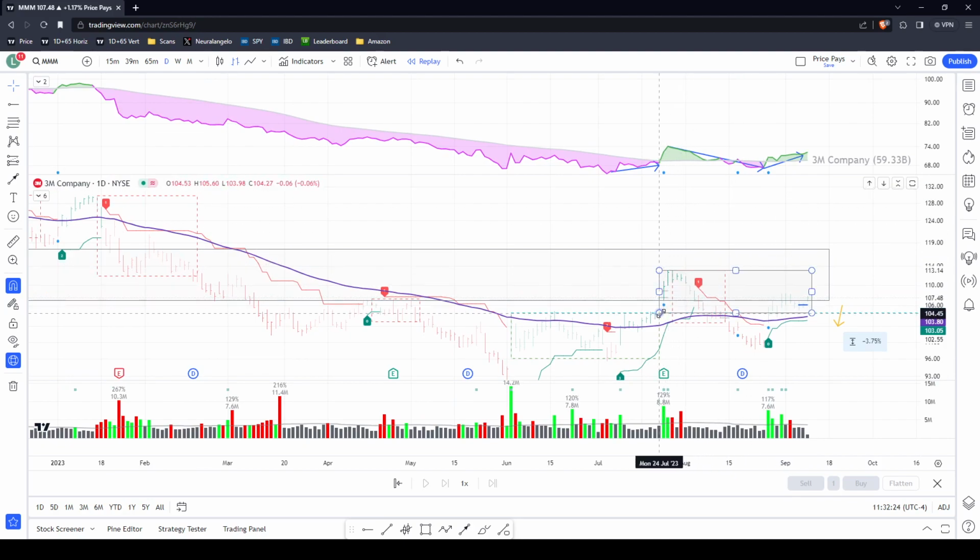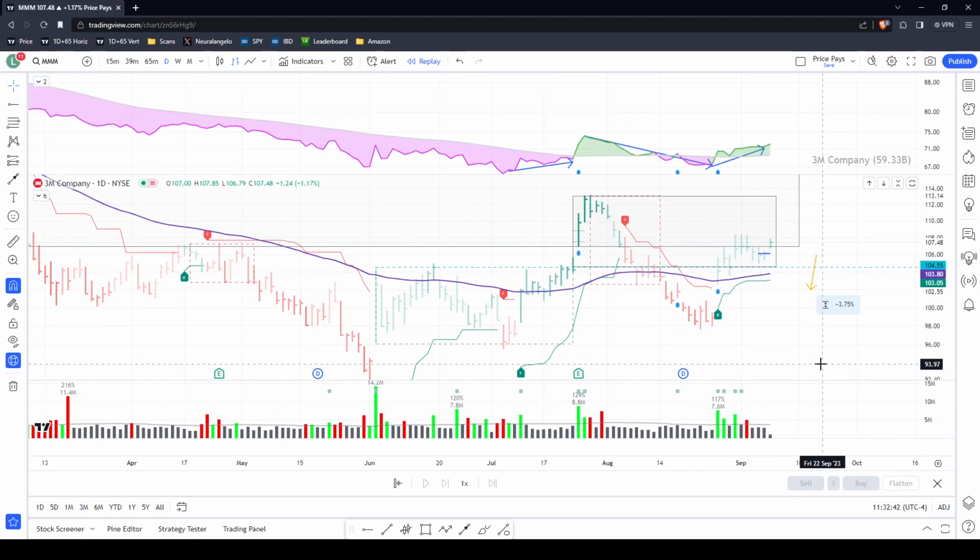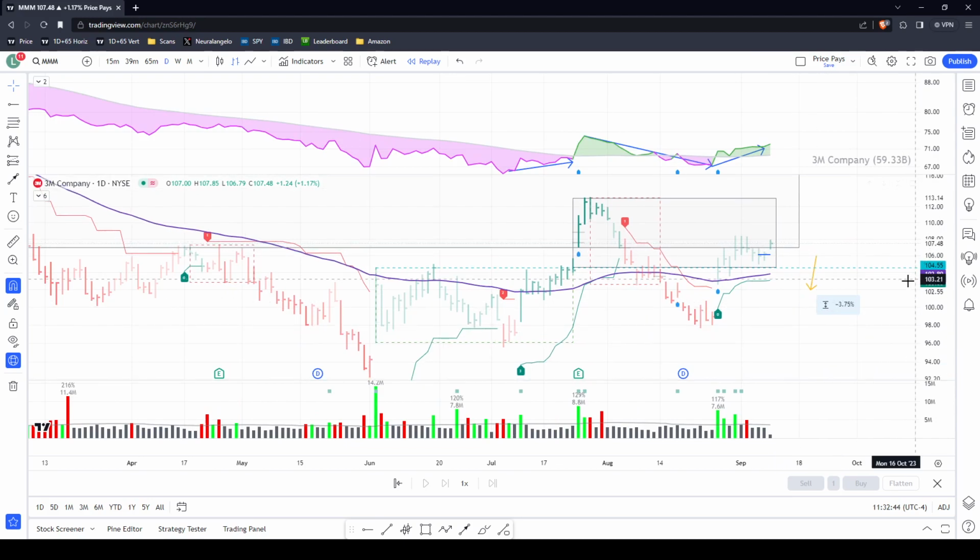I believe whatever news that they released during the earnings and whatever news that they released over here on August 28th, so the news probably came out on August 25th, that Friday before, it really has changed the character of the stock a little bit, but I still gotta have a low risk entry to be involved with this stock.